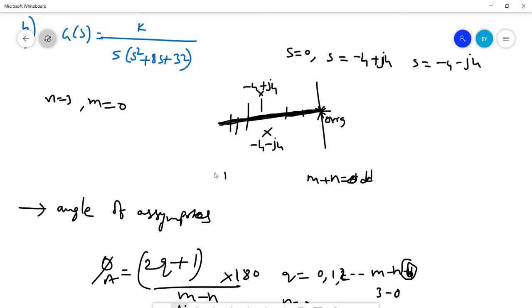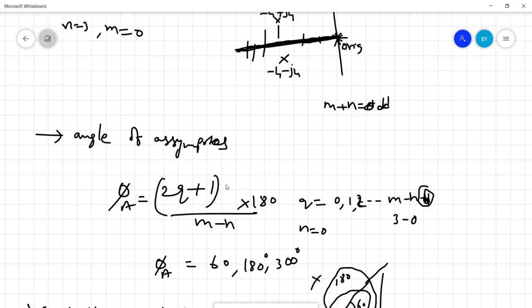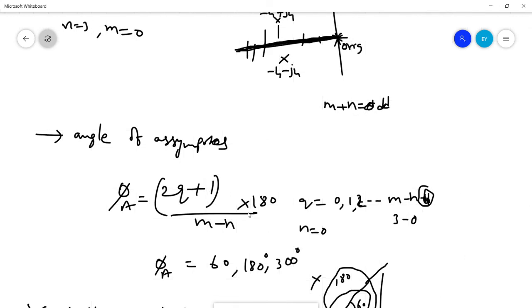Now check with the angle of asymptotes. The angle of asymptotes is (2q plus 1) by (m minus n) into 180 degrees, where q equals 0, 1 and so on, up to m minus n minus 1. Here the unknown paths, meaning where the poles end, are 3, since there is no zero here and all the poles should end at infinity.